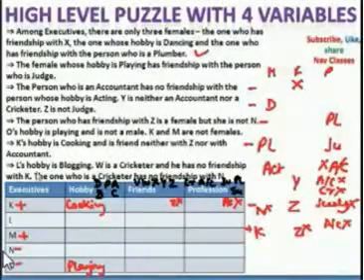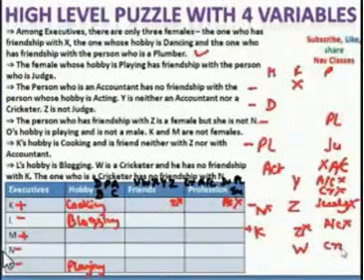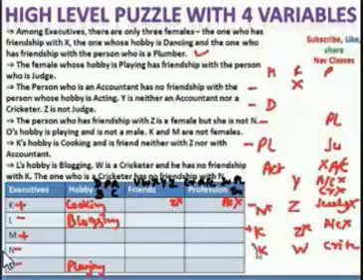Then L's hobby is blogging. By now we know that there are three females, so L must be female. W is the cricketer and he has no friendship with K. We know that W is the cricketer, so W cannot come in this block.